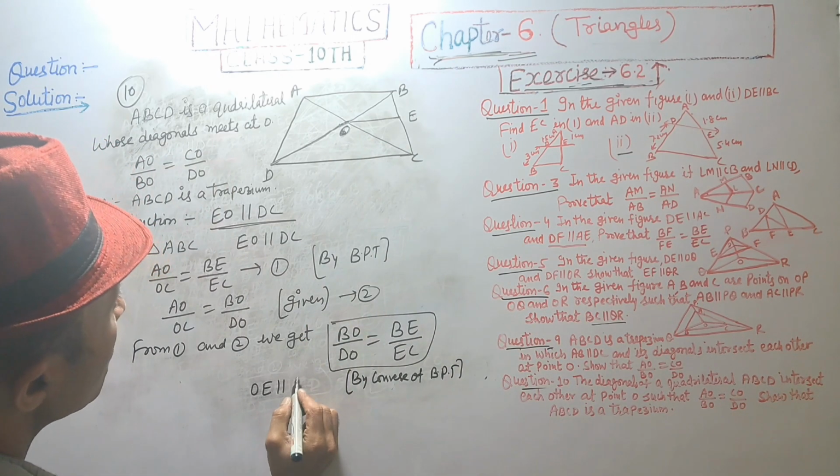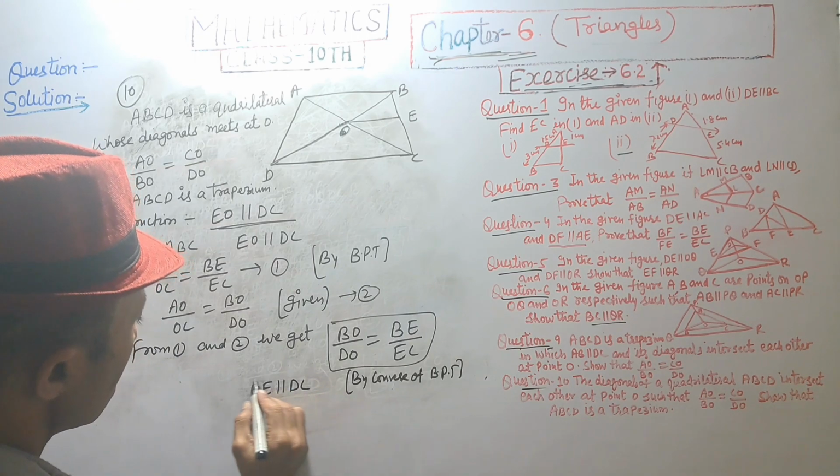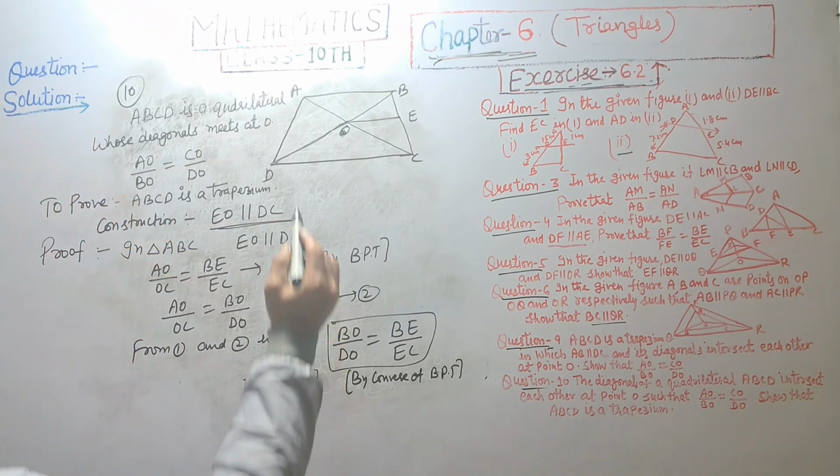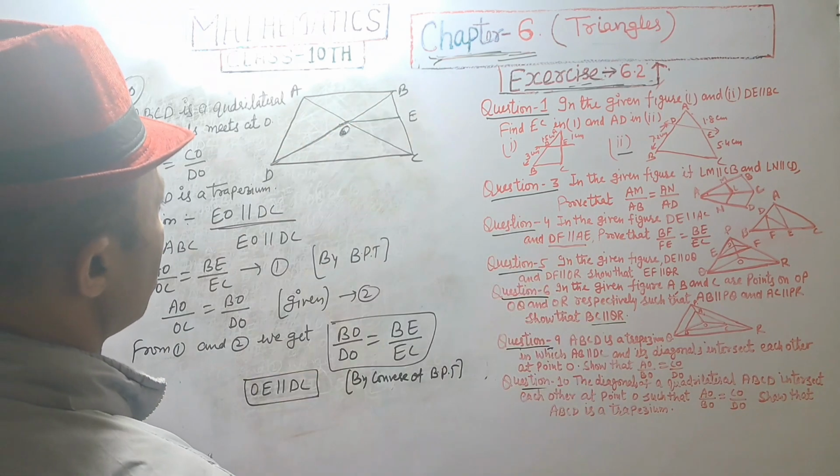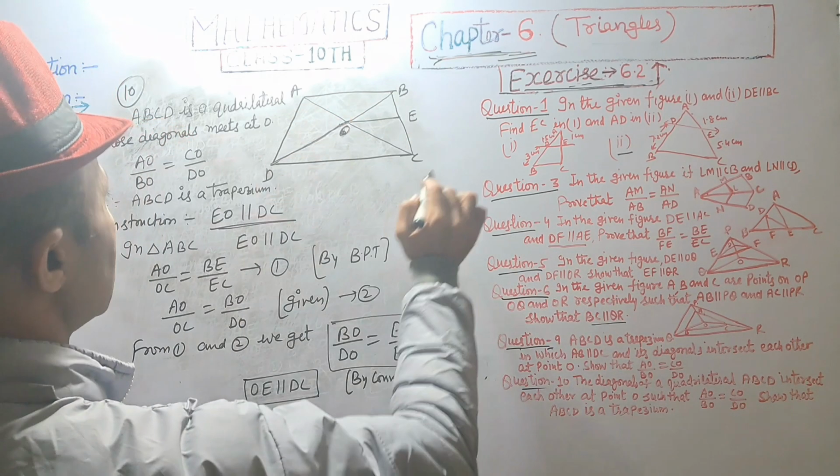OE is parallel to DC and DC is parallel to AB. So ABCD is a trapezium.